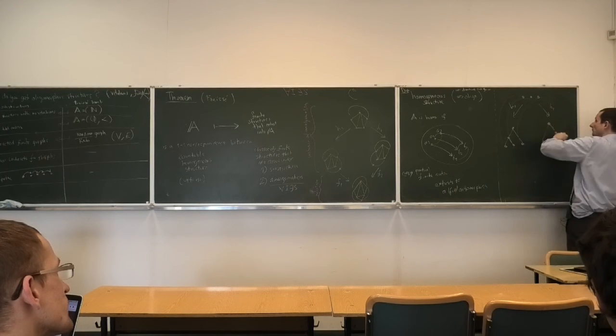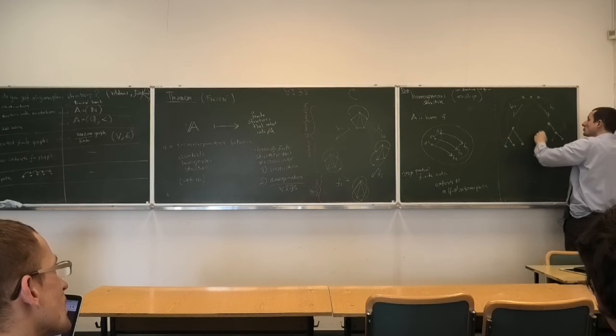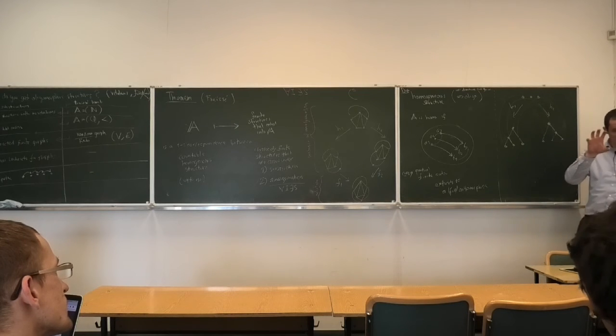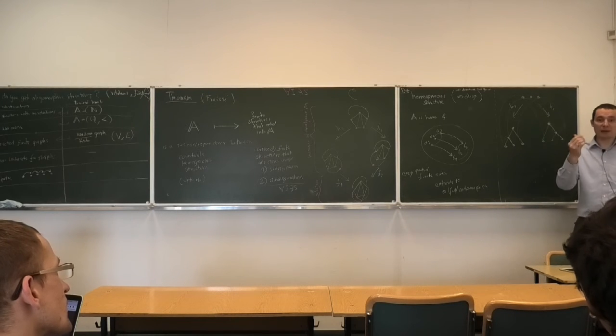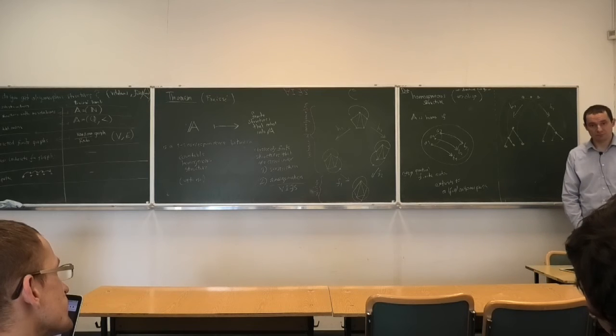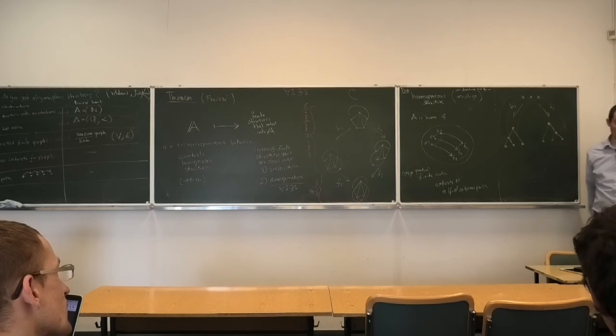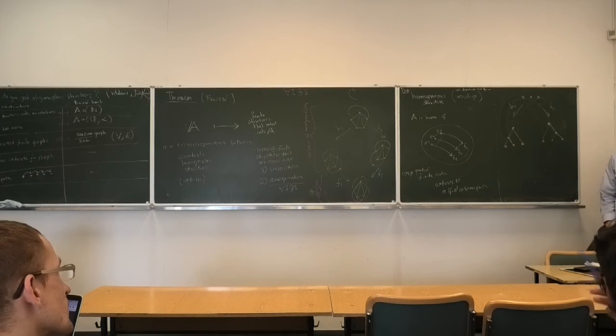So the numbers 1, 2, 3 were not part of the structure. They were just used to explain the embeddings H1 and H2. Okay, so it's this picture. I don't know why I did curly lines. Okay, but still we need some way of distinguishing those elements because otherwise those two trees are isomorphic, right? Well, not in a way that would respect this.